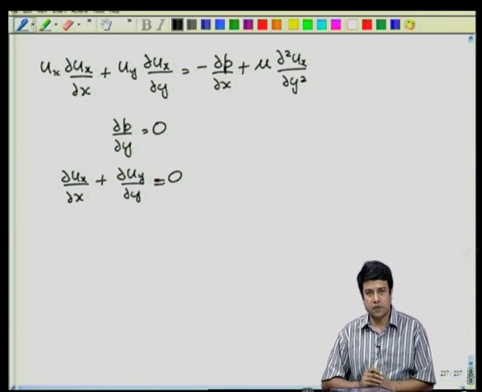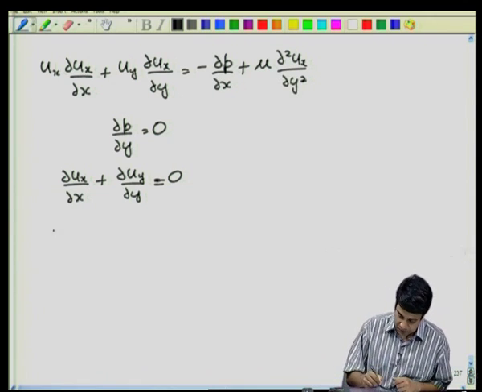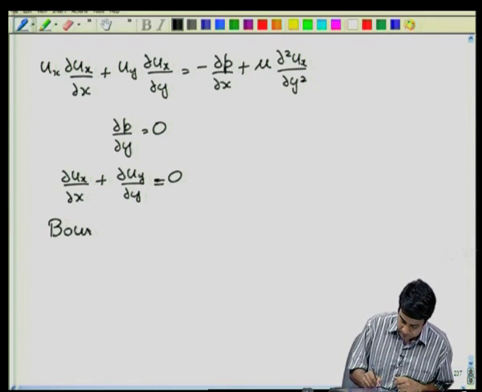These are the boundary layer equations for the boundary layer very close to solid surfaces, when the boundary layer thickness is restricted to a very small distance in the limit of high Reynolds number.